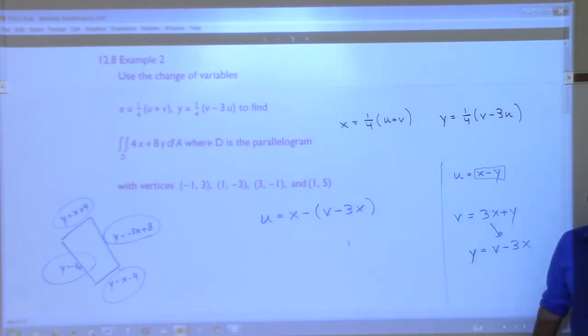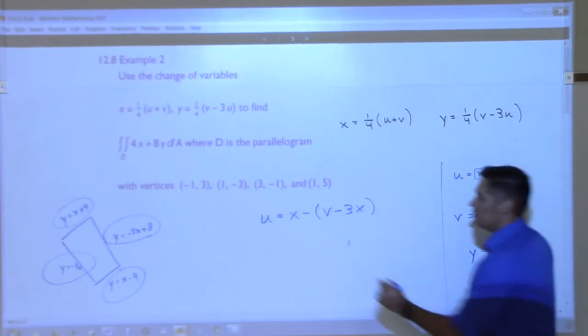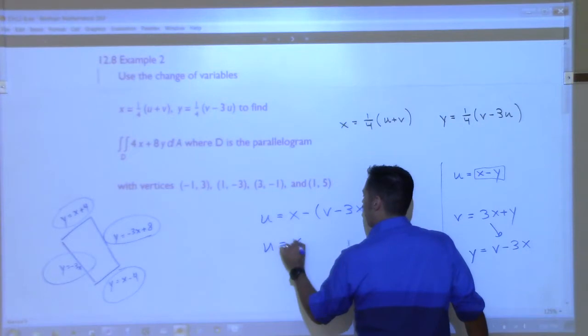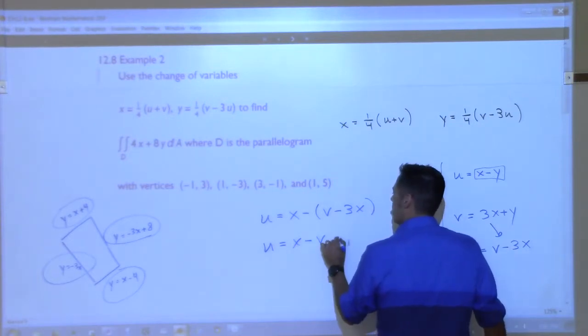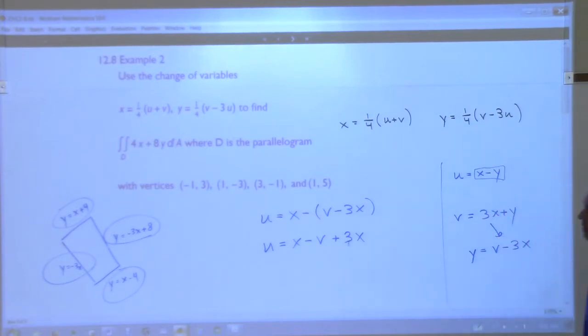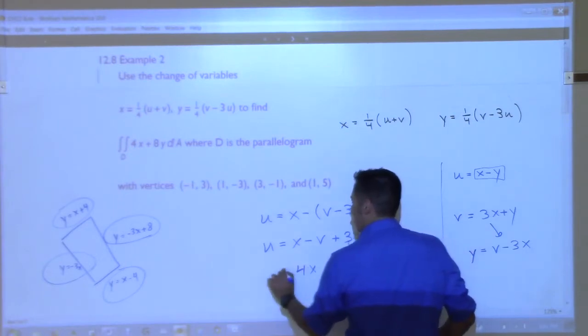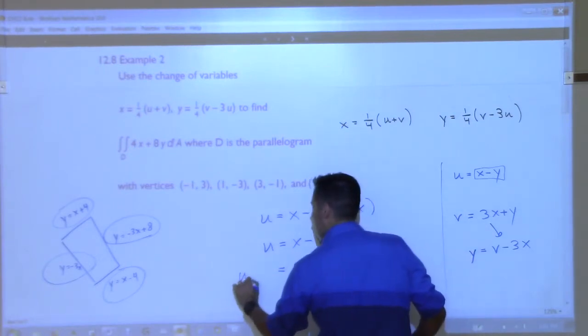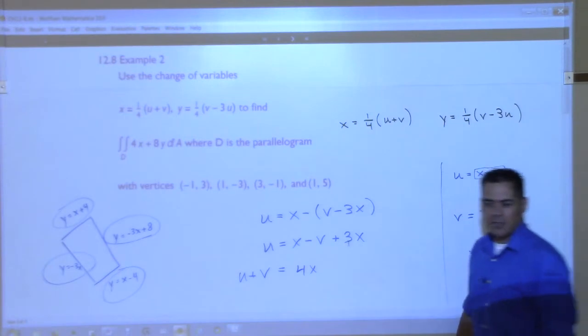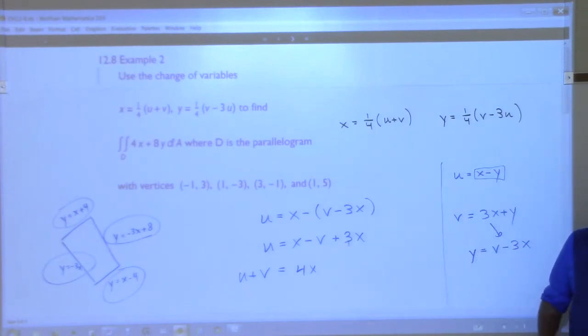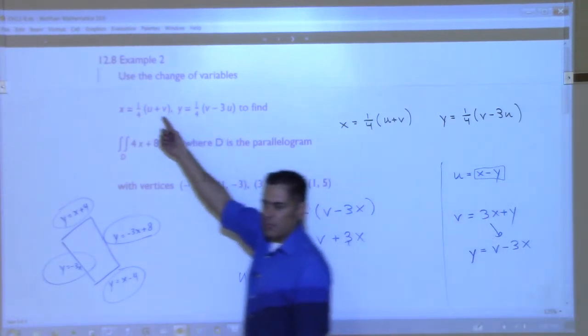Now that equation has u, v, and x, so I'm going to solve it for x. u equals x minus v plus 3x, right? So let's get the x's together on the right side. Let's move the v over. And finally, let's divide by 4. And if we do that, we will have our first transformation.